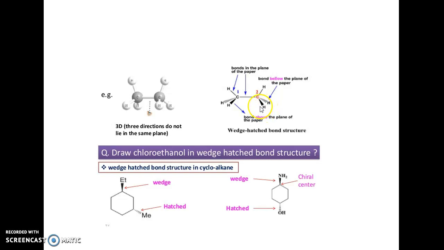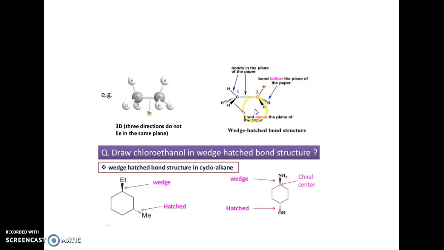Since there are 2 carbon atoms, we can tell the bonds above the plane of the paper and below the plane of the paper. Some carbon hydrogen bonds are below the plane of the paper, so they are shown by hatched lines.